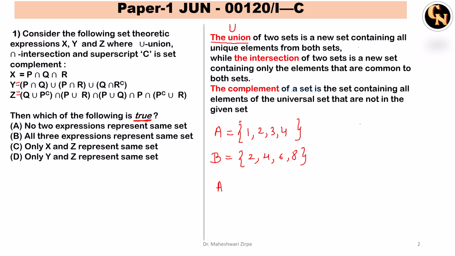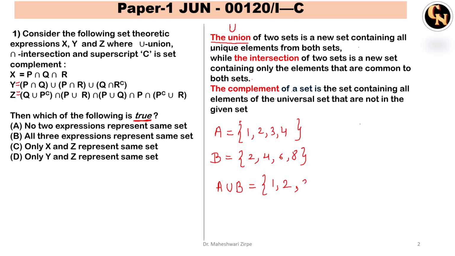A union B can be represented in this way. What we are saying is, the new set will contain all elements which are present in both the sets. Union means all the elements which are present in both the sets, but one time only you are going to write them. For example, 1, then there is 2, so here 2 is repeated, so you will not write 2 two times, but only one time.